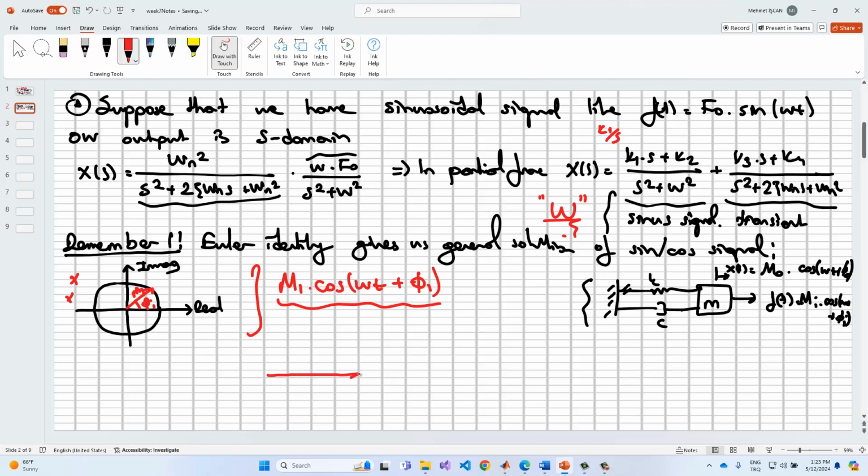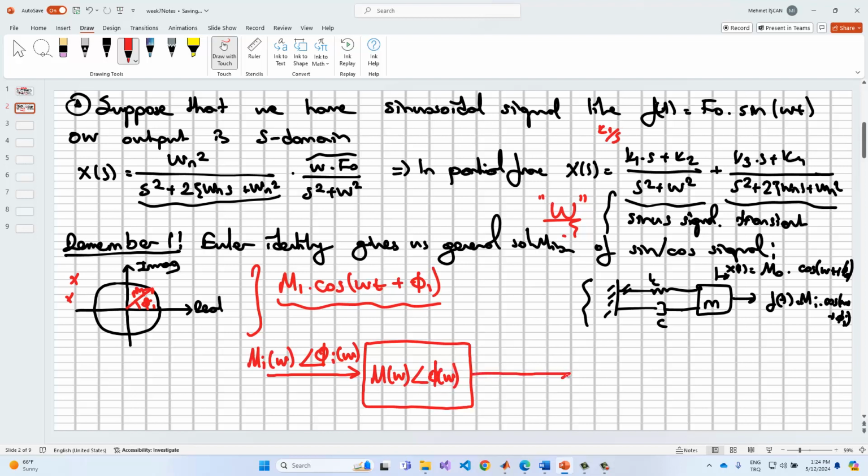And so if we have the input here, just like this one, Mi(w) with some phase phi i(w), this is the phase, this is the magnitude of its terms, and then we can use our system's natural frequency. Just remember that in the second order equation, and also a phase deflection here, just like this one.